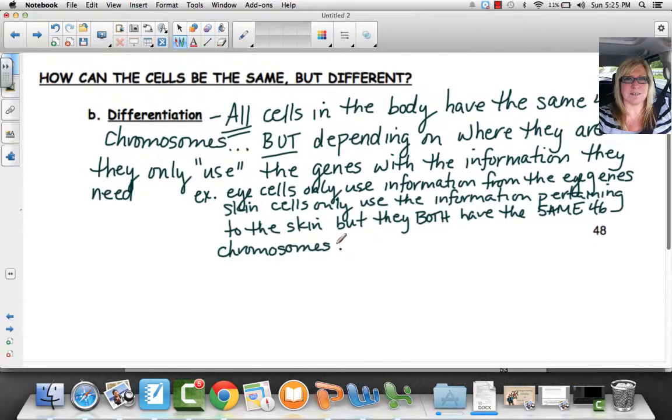So that's what differentiation is. We all have the same genes. All our body cells have the same genes on the same 46 chromosomes, but depending on where they are in the body, it only uses the information that it needs.